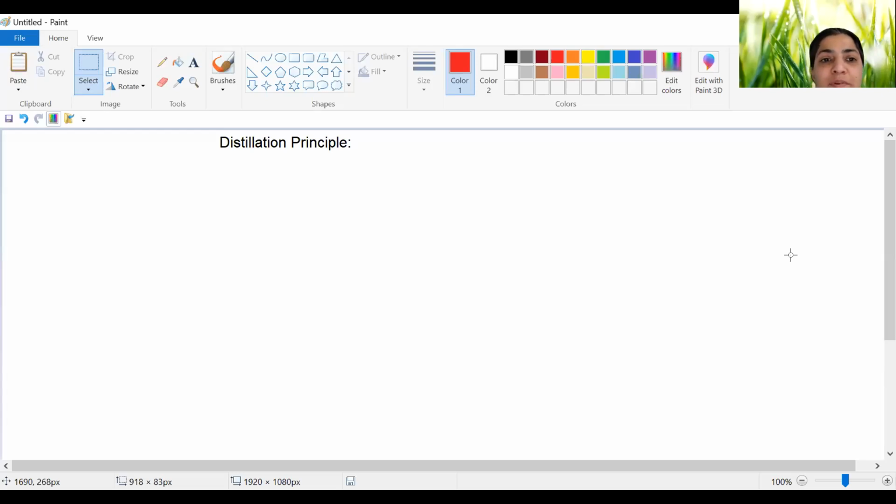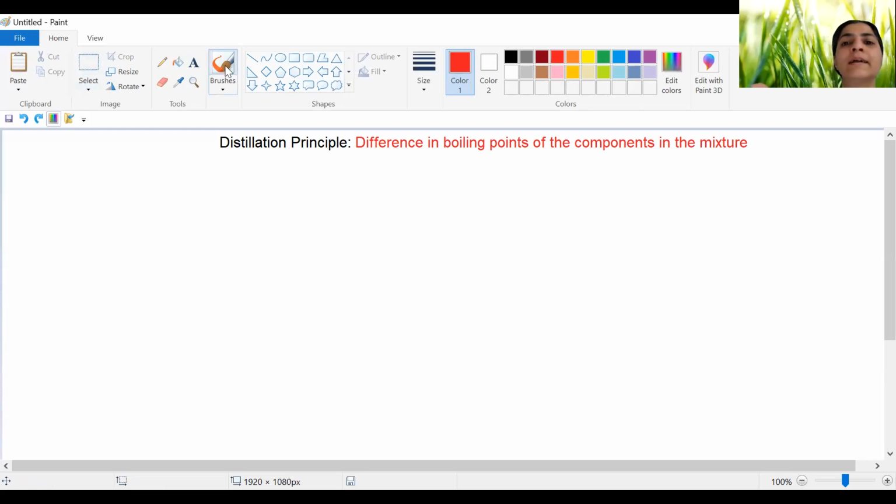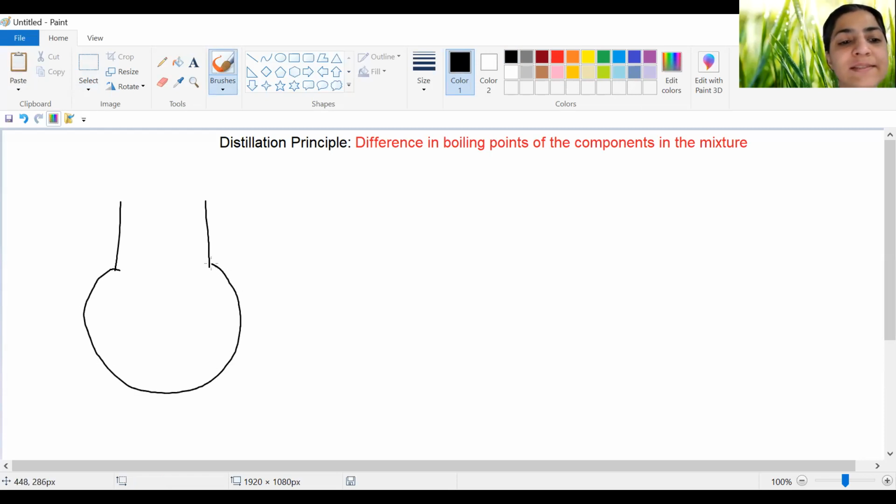The basic principle of distillation is the difference in boiling points of the components in this mixture. Let's say that I have a round bottom flask which I will fill with my mixture.